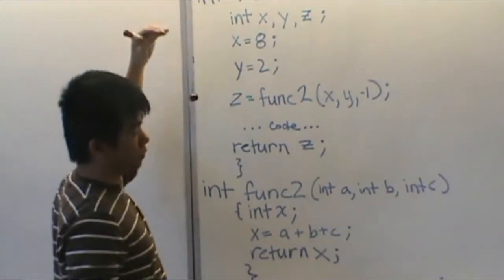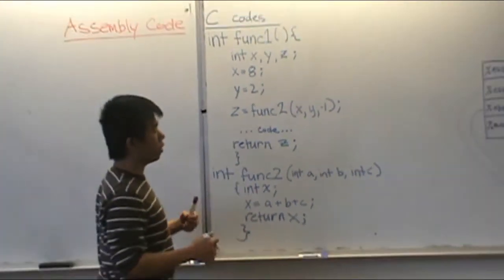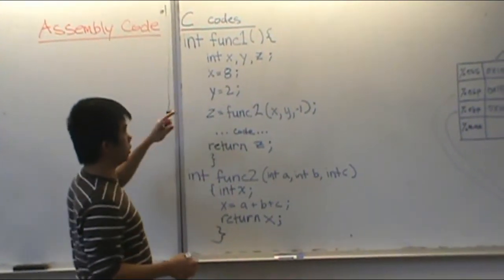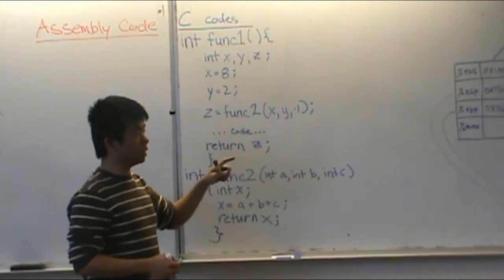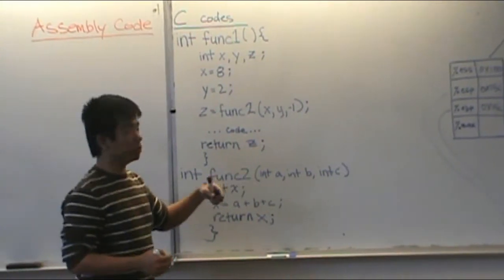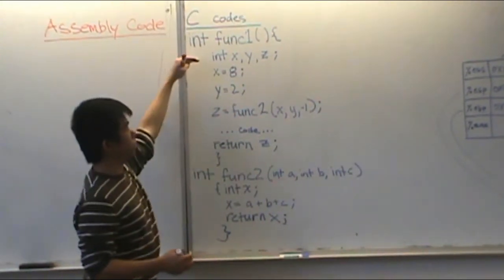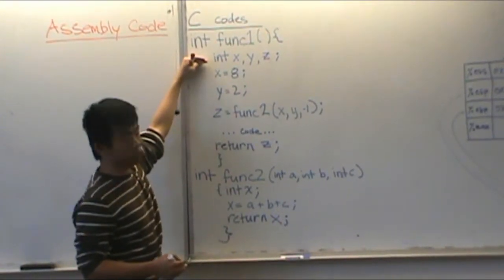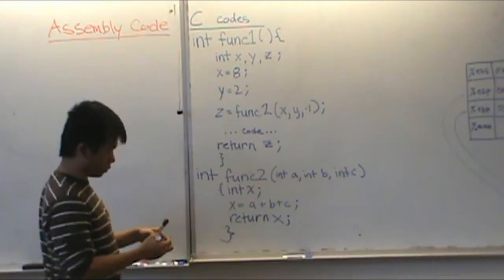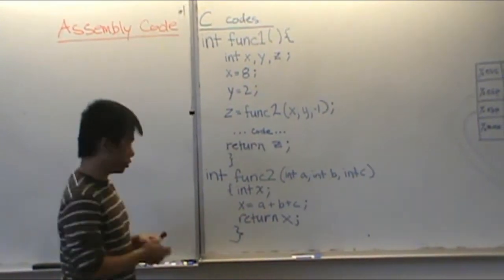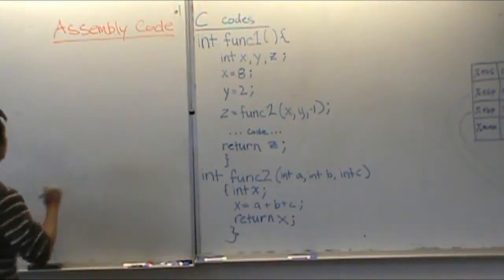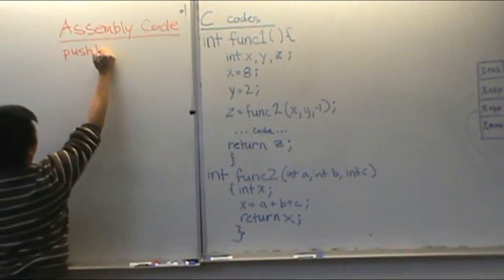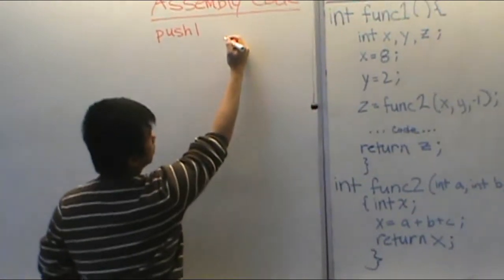Then when we're calling function 1, we have to set the EBP and ESP to begin declaring the variables for these 3 variables. So the first thing we do is use the push command.